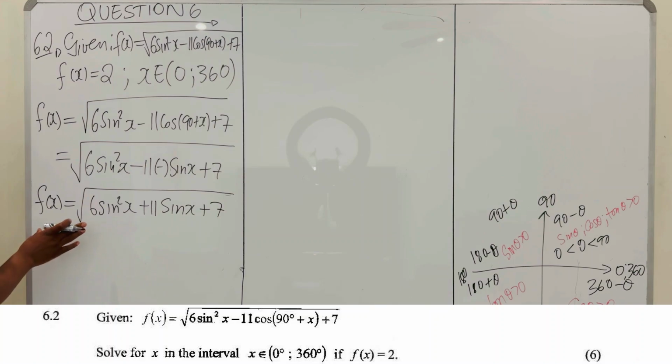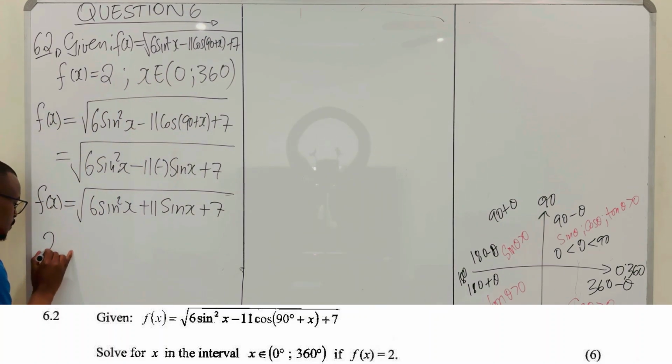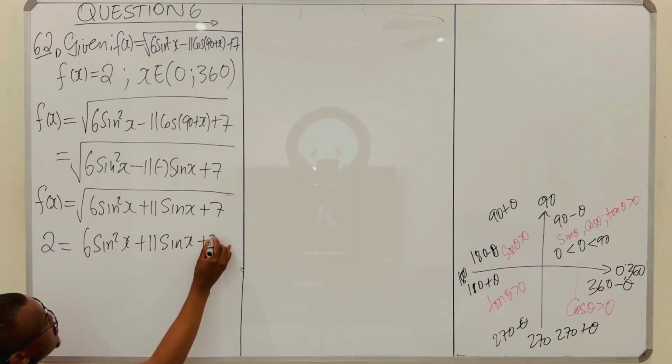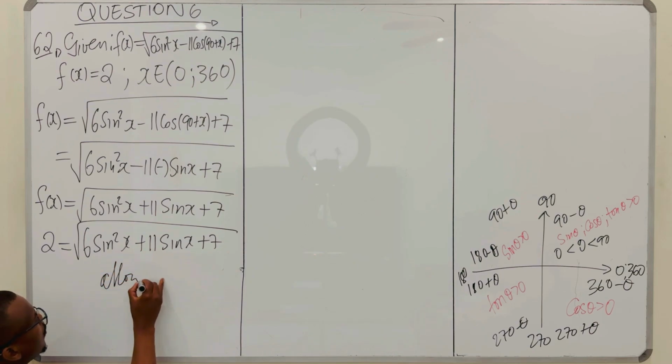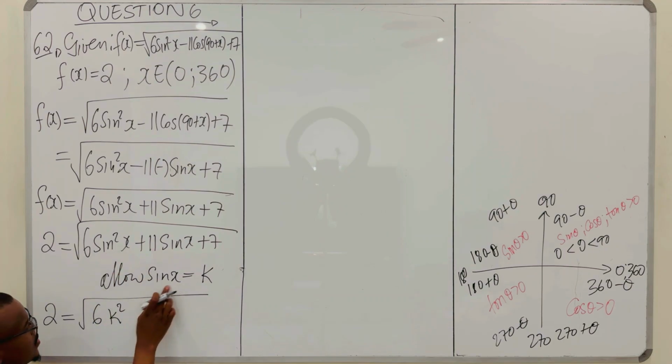They want us to solve for x on this interval, if your f of x is equal to 2. So you have 2 is equal to 6 sine squared x plus 11 sine x plus 7, all under a root, of course. This doesn't look very nice, so let's allow sine x to be equal to k. Then we have 2 is equal to the square root of 6k squared plus 11k plus 7.